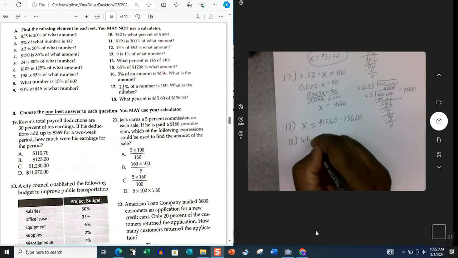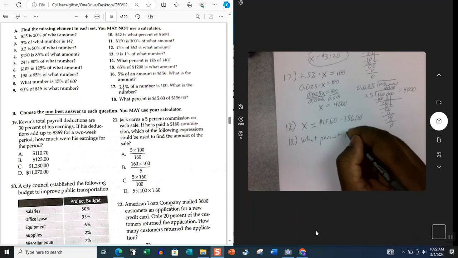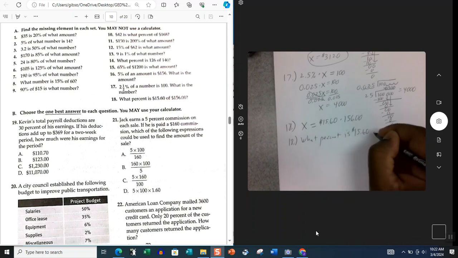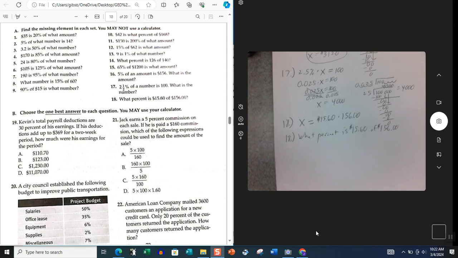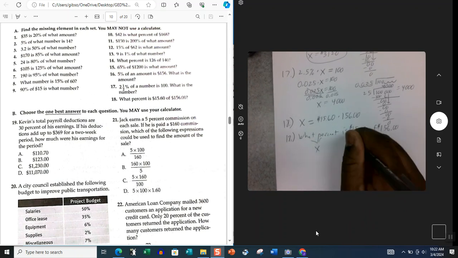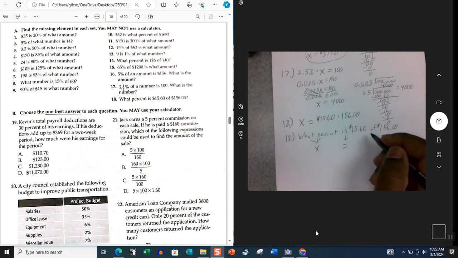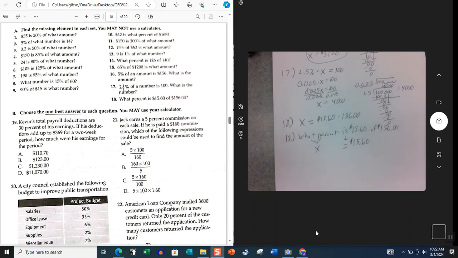It says, what percent is $15.60 of 156? Okay, now, the what percent is still x. That doesn't change. The is still equal. The $15.60 is still $15.60.